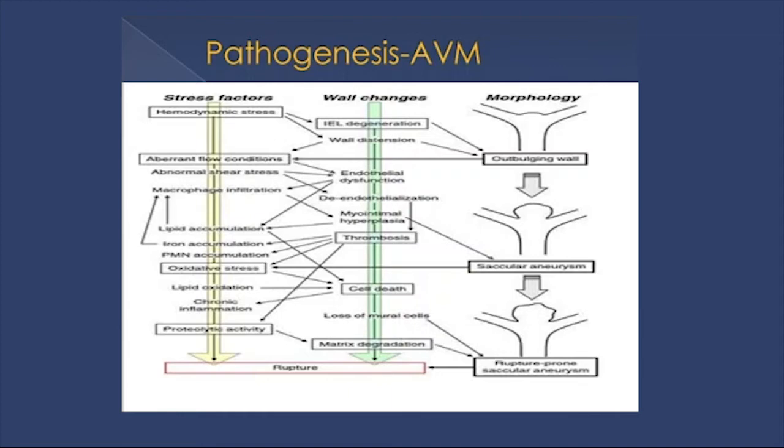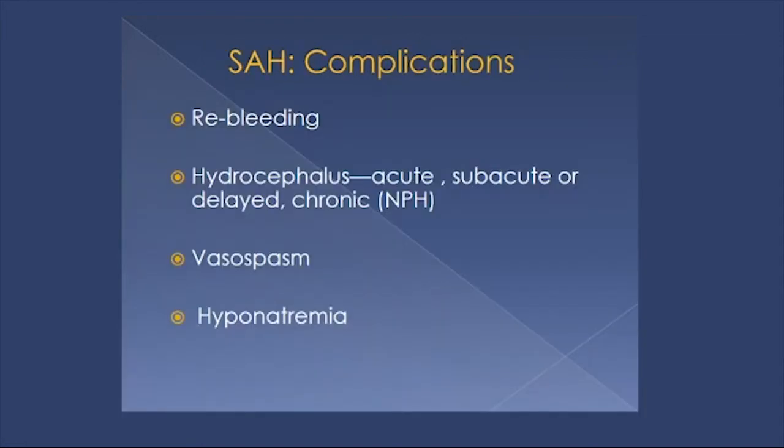What happens in the wall is degeneration, thrombosis, cell death, and matrix degradation, and all this predisposes the vessels to bulges, to aneurysms, and to rupture. So that is the stress from alterations in flow, causing changes in the wall and predisposing to rupture of the aneurysms.